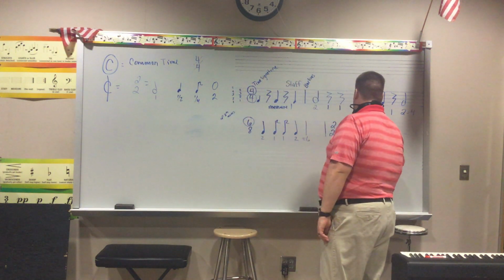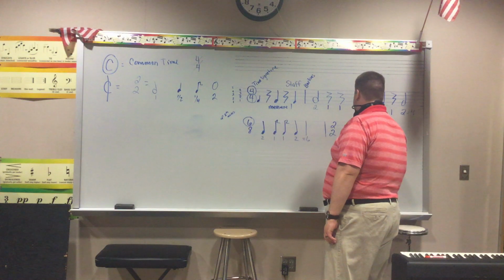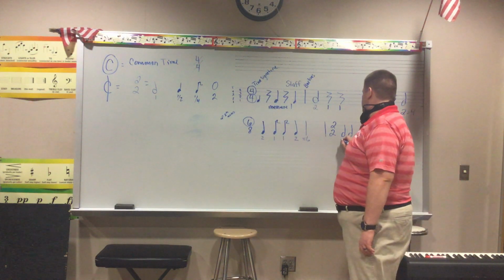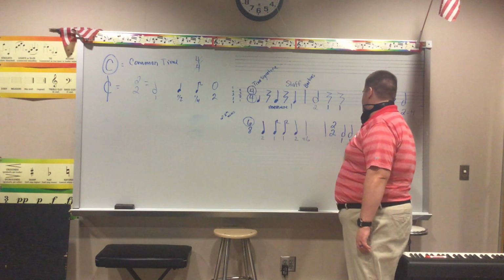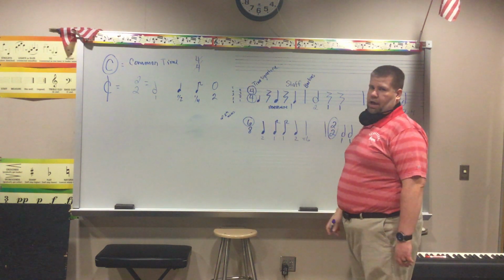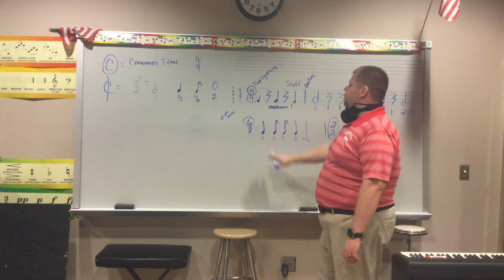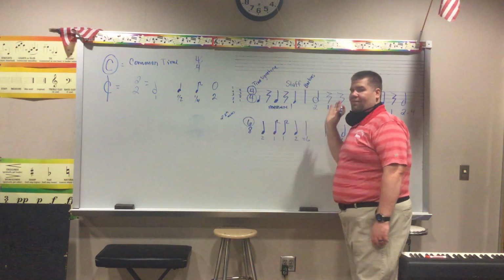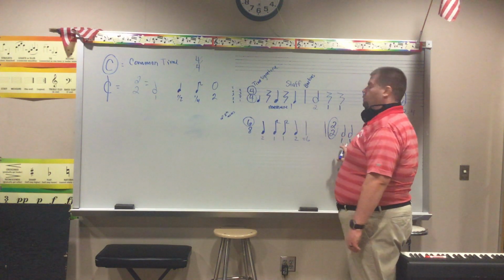For example, I could just have 2 half notes. That would equal my 2-2 because they're each worth 1 beat in a 2-2 setting. Don't get confused. If it was in a 4-4 setting, they still would be worth 2 beats. But in a 2-2 setting, everything's been cut in half, so now it's only worth 1.